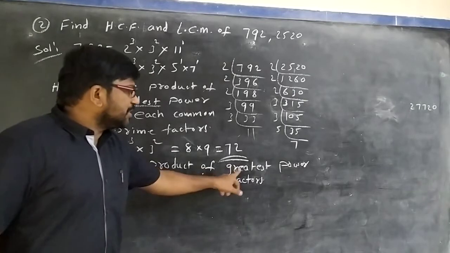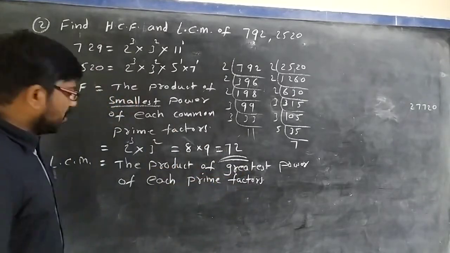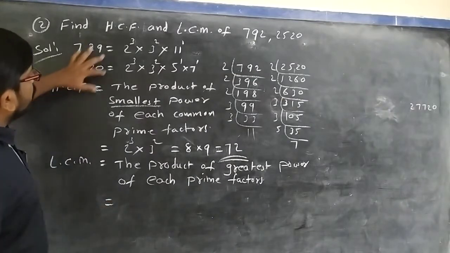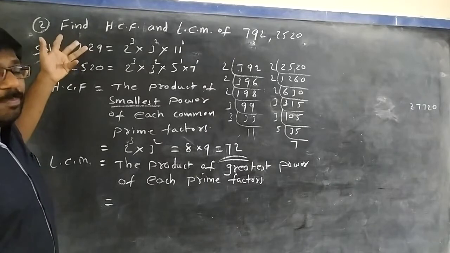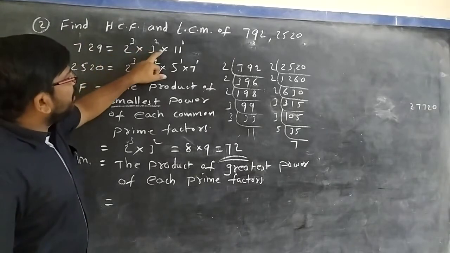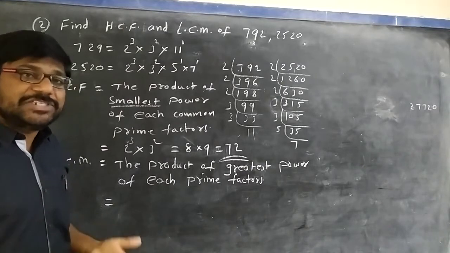The power must be the greatest, the highest, and we take all prime factors in both numbers. So how many prime factors are here? 2, 3, 5, 7, 11. So all factors with the greatest power.